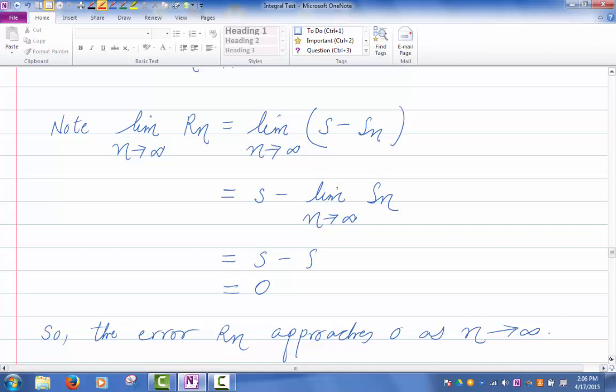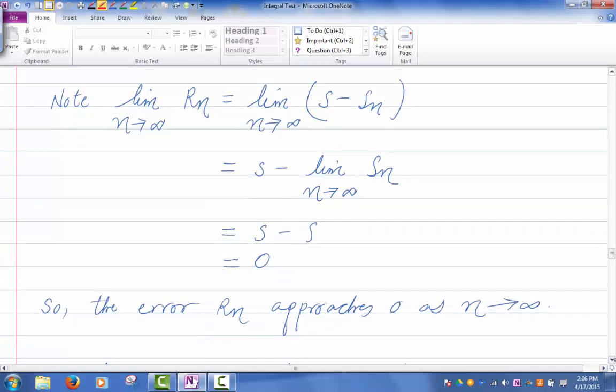So what is it telling me? Well, it's telling me that the error Rn is approaching 0 as n goes to infinity. Which means it's not a bad idea to approximate the sum of the series s by using the nth partial sum, because the error is going to 0 as n goes to infinity.